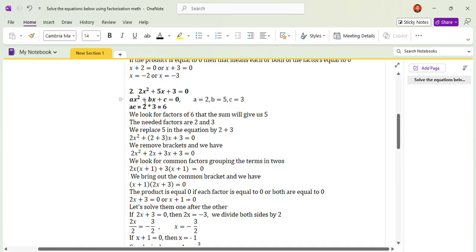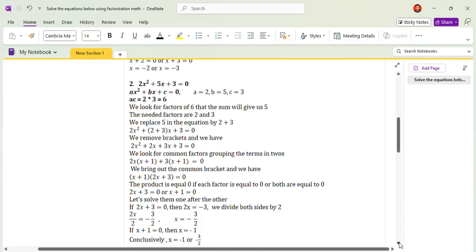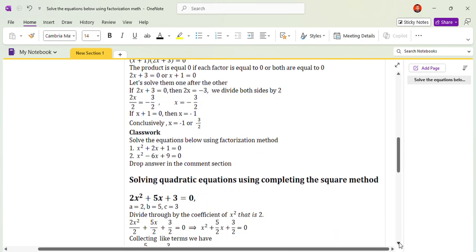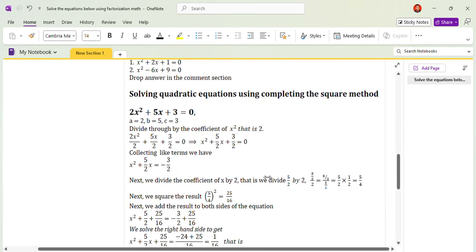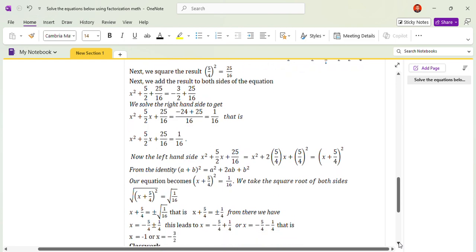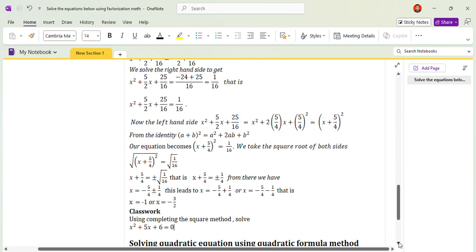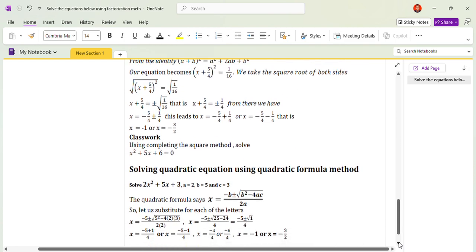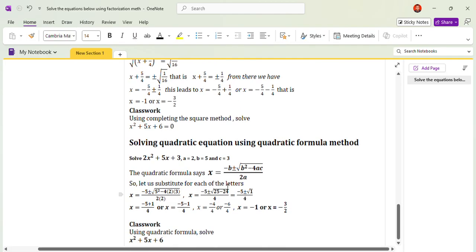Solving this general form using the completing the square method is what will lead to the quadratic formula. That one is in further mathematics, maybe when we are doing further mathematics. So that's what will give us x equals minus b plus or minus square root of all of this.